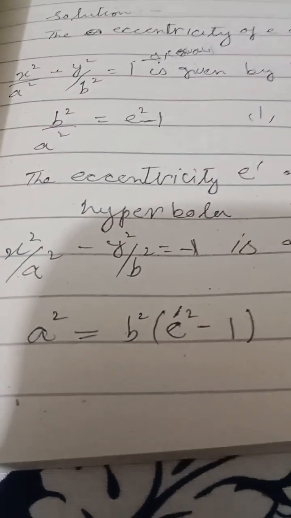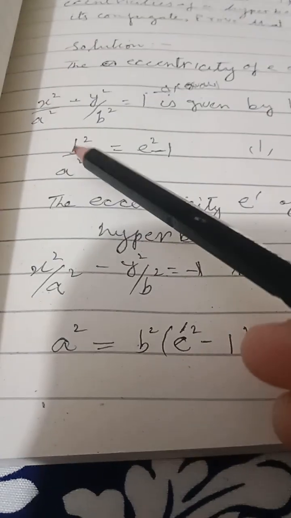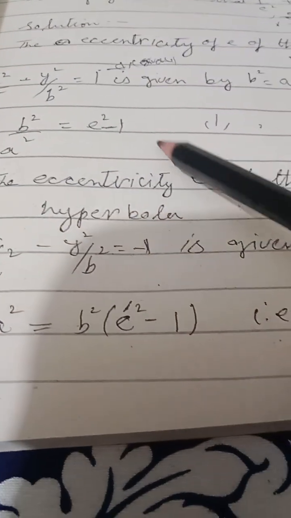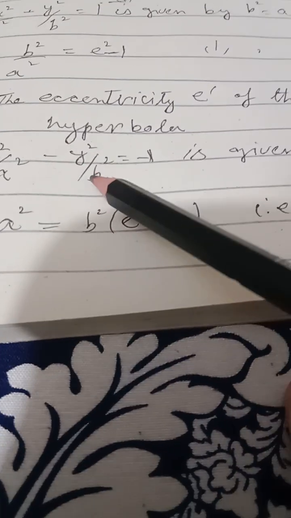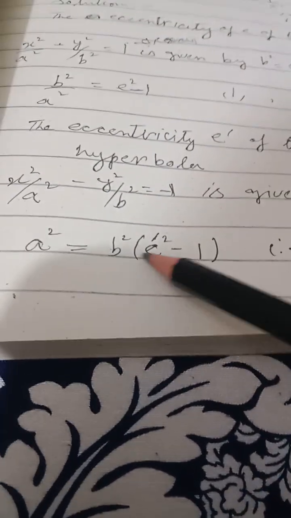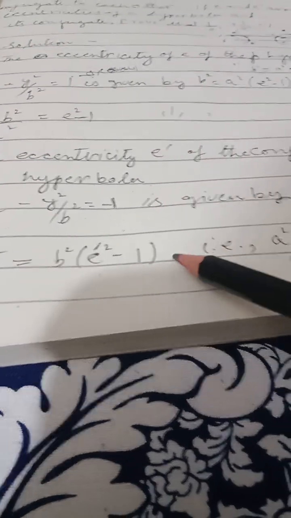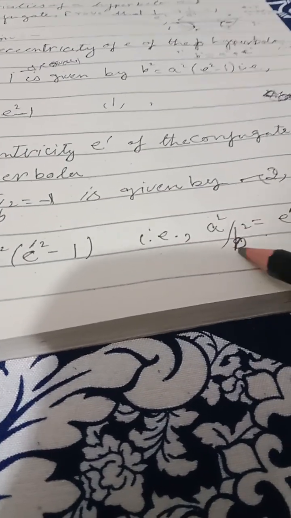We have to prove it. B square upon a square is equal to e square minus 1. The eccentricity e prime of the conjugate hyperbola x square upon a square minus y square upon b square is equal to minus 1 is given by a square is equal to b square into e prime square minus 1, that is a square upon b square is equal to e prime square minus 1.